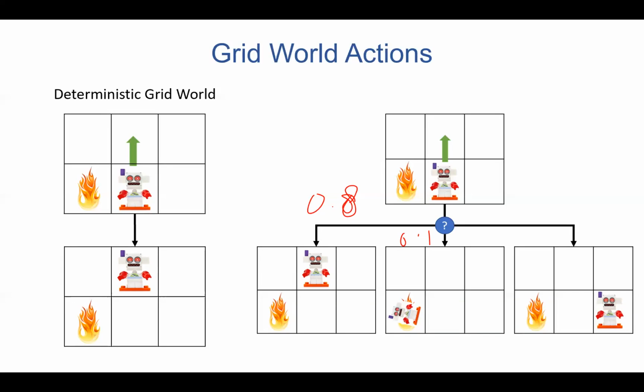And there's a 10% chance that the wind might blow or it might slip towards the right and it will go to the right. So that's what we had in an expected max search problem, with probabilities given at each of the arcs. That's called the stochastic grid environment, or stochastic grid world, where we do have uncertainties involved.